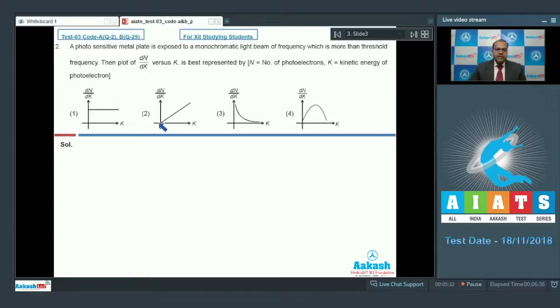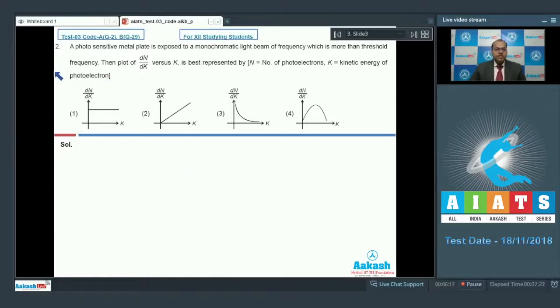So it will increase from 0 to some maximum value, and then it will decrease as the kinetic energy becomes maximum. The number of photoelectrons ejected with 0 kinetic energy as well as the maximum kinetic energy is minimum, and in between the number of photoelectrons will increase.